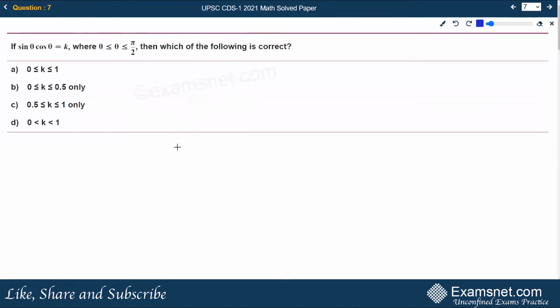In question number 7, we are given with if sine theta cos theta equals to k, where 0 less than equals to theta less than equals to pi by 2, then which of the following is correct among this? So it is given that theta is greater than equals to 0, and theta is also less than equals to pi by 2. Now let's find out for the value of 2 theta. So it will be 2 theta less than equals to pi, right?